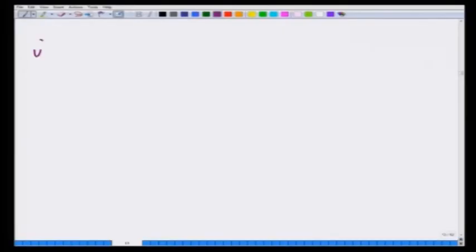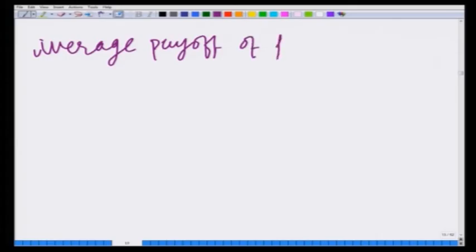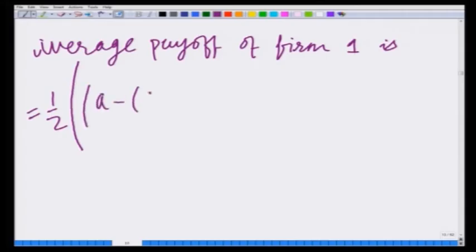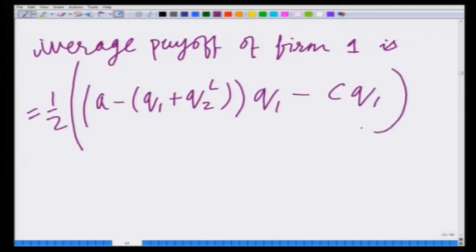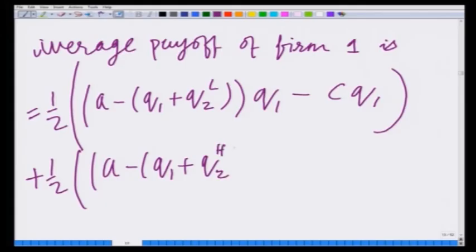Therefore, the average payoff of firm 1 is half times the payoff from firm 2 of type low, which is A minus (Q1 plus Q2L) times Q1 minus C times Q1, plus half times the payoff corresponding to firm 2 of type high, which is A minus (Q1 plus Q2H) times Q1 minus C times Q1.